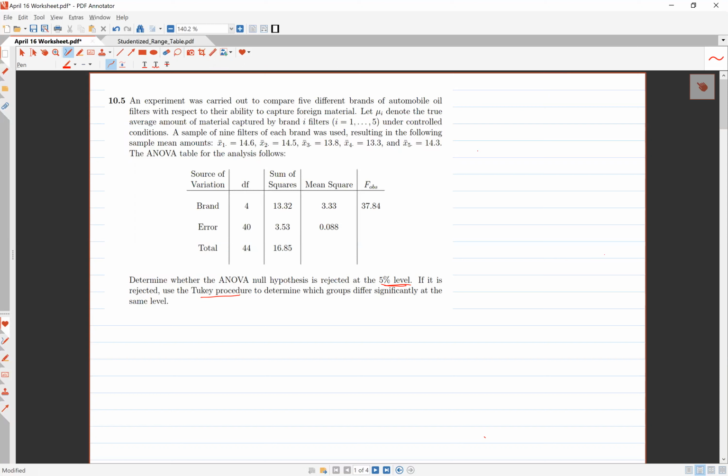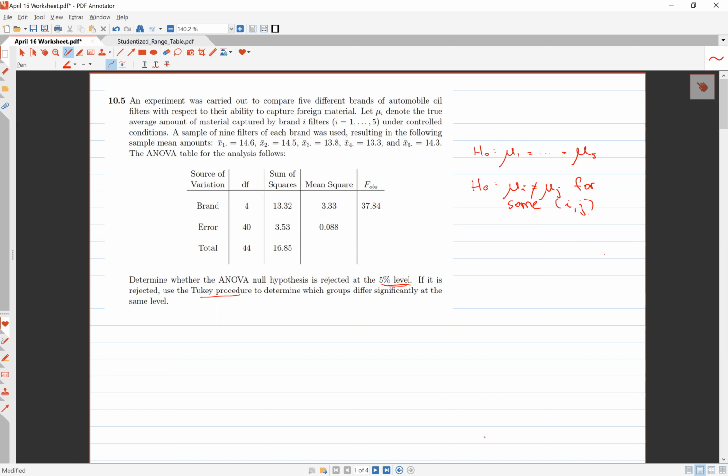So in this case, our null hypothesis, I'll just do this for completeness, is that the 5 filter brands on average capture the same amount of foreign material. And our alternative says there's at least 2 means you can find that are different from one another for some pair i and j.